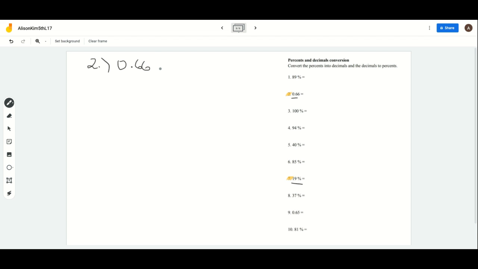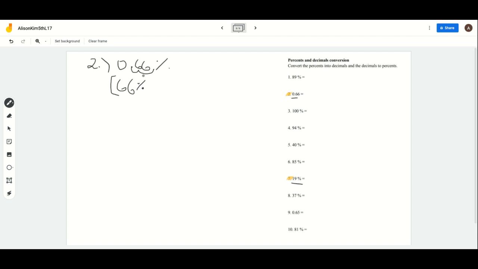Now, when you're trying to turn decimals into percents, there's a rule of moving the decimal point twice to the right. So we do it 1, 2, and then we're just going to add a percent sign right there. So it's really easy to turn decimals into percents. It's just 66%, and that's your final answer for number 2.